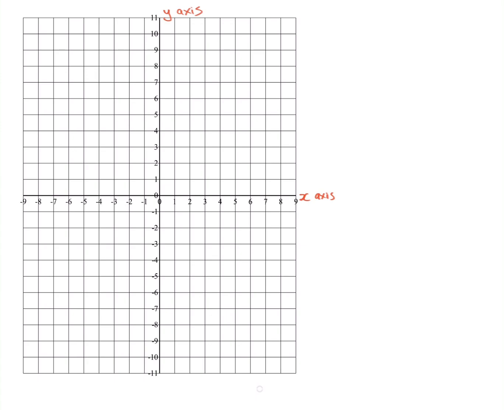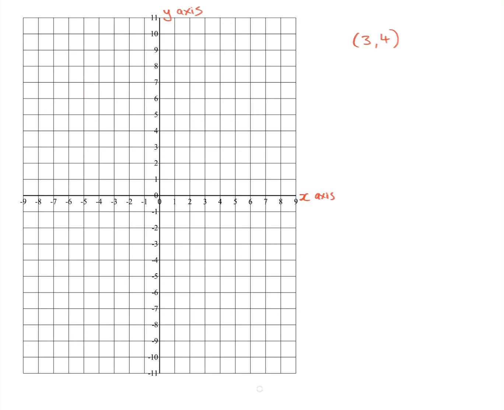Now I'm going to get you to practice plotting points, which means that I am going to give you coordinates. So for example, I will give you coordinates like 3 and 4. And I want you to find and put a dot where this coordinate is on this XY axis.